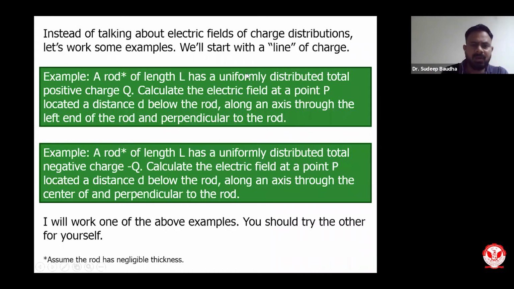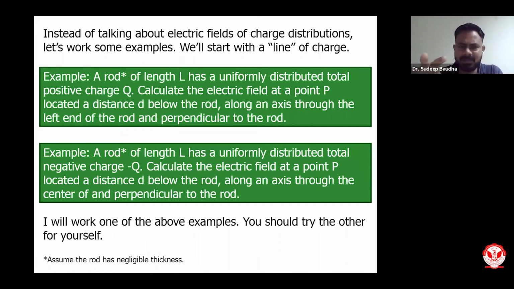So instead of just talking about electric field of charge distribution, we will do some calculations, and in standard books they are named as standard derivations, and those standard derivations are then applied to solve the concepts of electric field due to certain geometry. So there are 2 different examples which I can set.